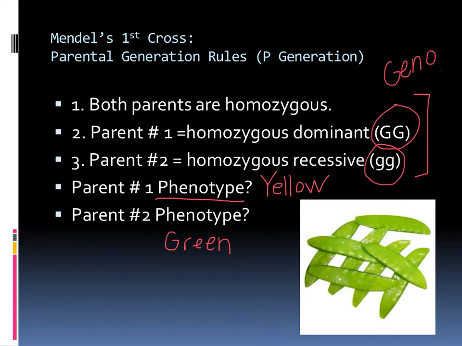Again, notice the difference between geno and pheno. Geno are the two letters. Pheno is what you are actually using to describe what the seed color is. So anytime you're working with a parental generation Punnett square, these are the rules that you have to follow. If I were to ask you to set up a P generation problem, you have to follow these rules. These rules will never change.